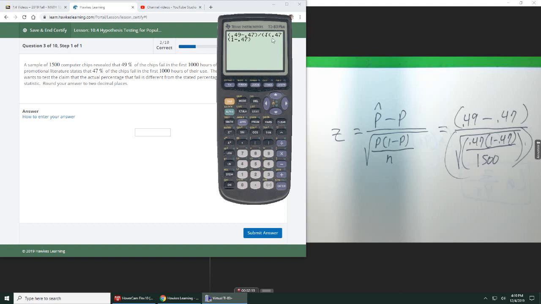Everything's under the square root, so I don't want to close it there. I'll just close it once for that one. And then divide it by, because all of this is under the square root, 1,500. And then from there you close twice: one to end the square root, one to end the denominator.